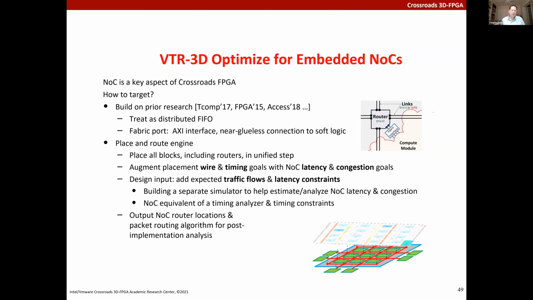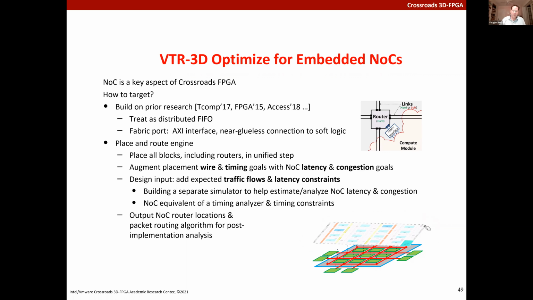The Crossroads FPGA is envisioned to be a multi-die system with an FPGA fabric die that is maybe different than today's fabrics, but at a high level, it looks like an FPGA, feels like an FPGA.